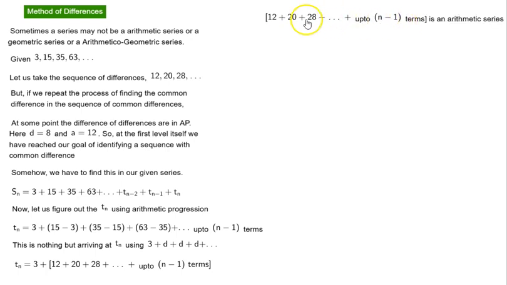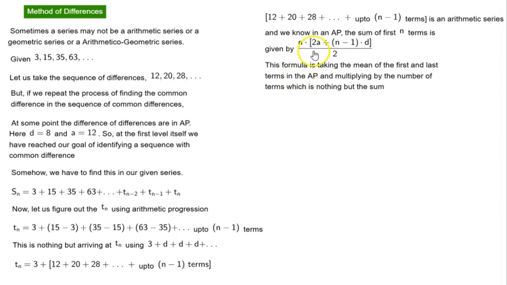This is an arithmetic series and we know the formula for the sum of the first n terms, that is n times 2a plus n minus 1 d, divided by 2. Basically this formula takes the mean of the first and last terms in the AP and multiplies by the number of terms, which is the sum.